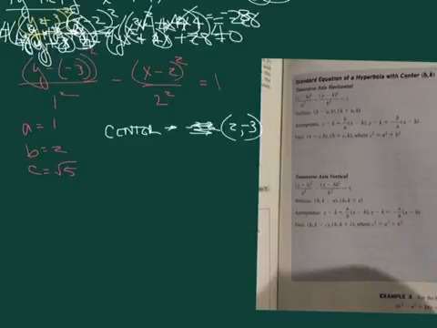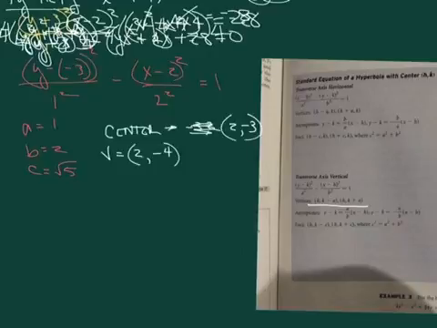Okay, vertex. Vertices are, let's see, right there. So vertices are H, which we said H is 2, and then K minus A. So that would be -4. So I'm going to erase that and put a -4 there.